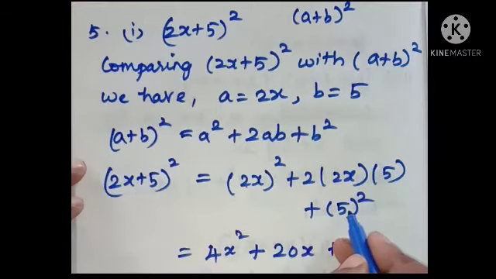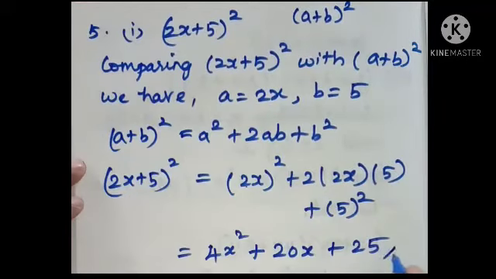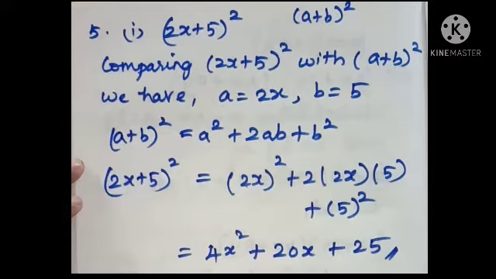Here 5 is multiplied by itself 2 times. 5 into 5, 25. Thus our expansion is 4x² + 20x + 25.